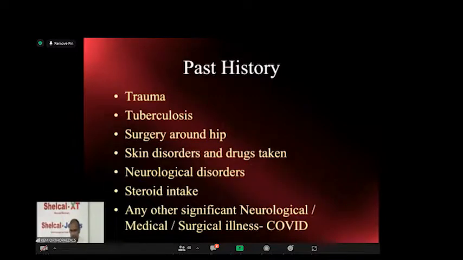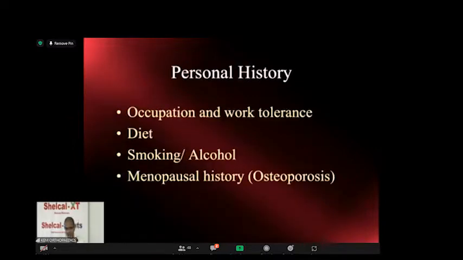Neurological steroid intake is important, and sometimes in young patients you will find they may be taking steroids for bodybuilding. That also you can ask in young patients who you find a little muscular, then you ask about history of steroid intake. And nowadays, of course, we are taking a COVID history because many patients are affected with COVID, either by COVID or treatment with steroids after COVID. These are two things which can lead to avascular necrosis.